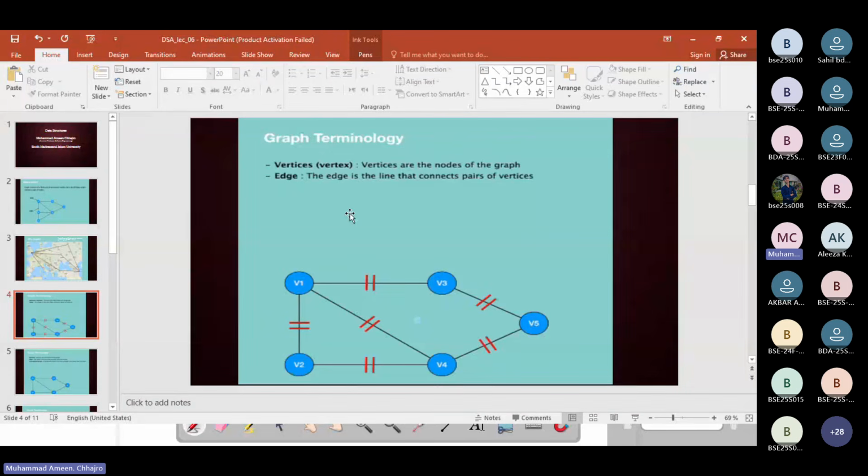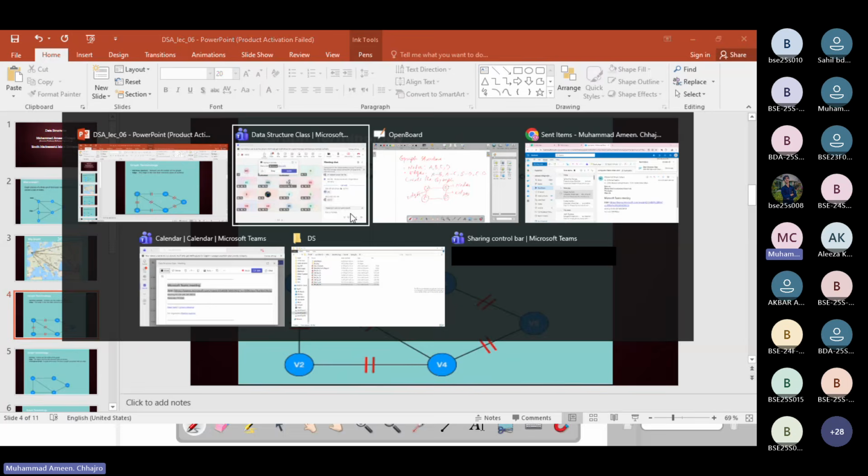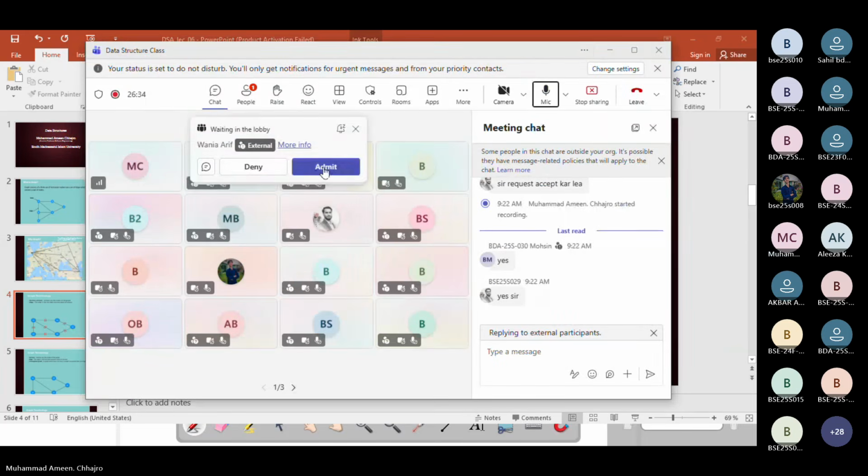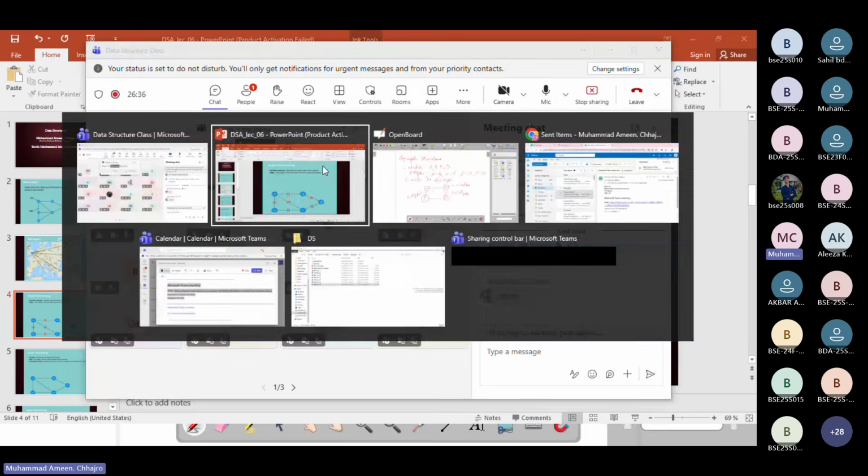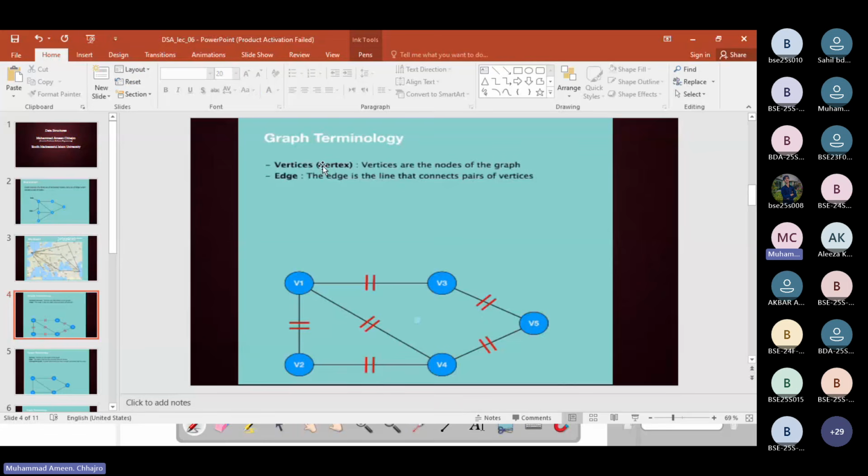So there are different terminologies in the graph that we are going to study first. So in graph, we are going to understand different terminology. The first is called vertices, or the vertex.